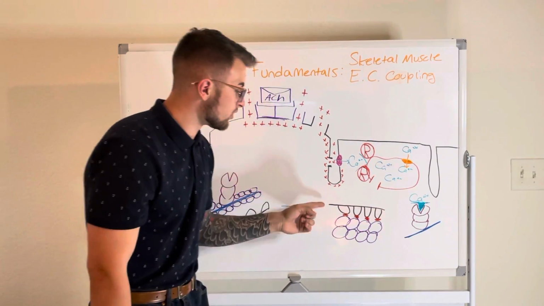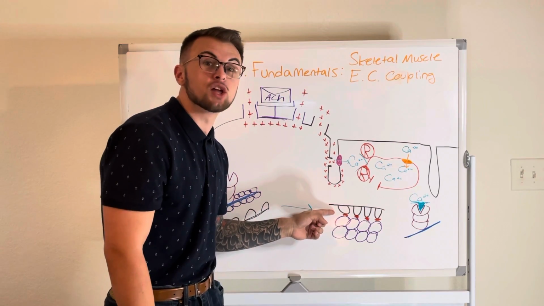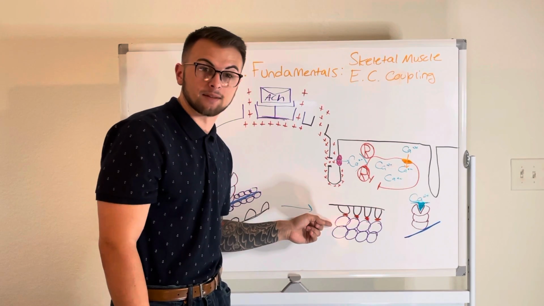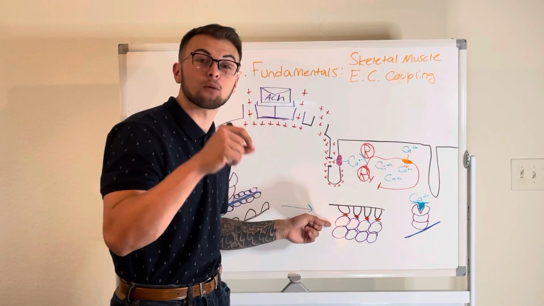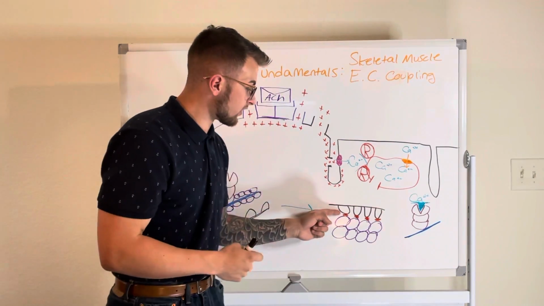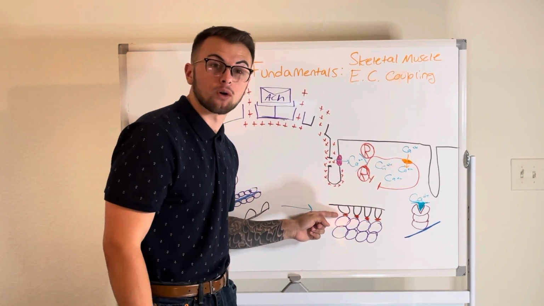This allows the thick myosin heads to finally bind with the thin globular actin. The second that our myosin and actin bind with each other, we say that a cross bridge has formed.